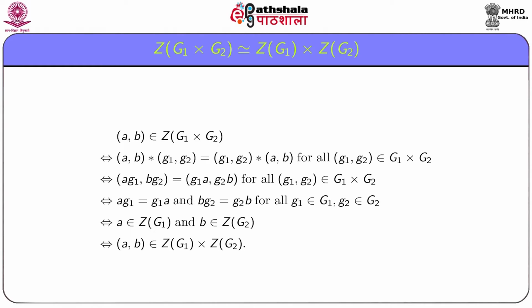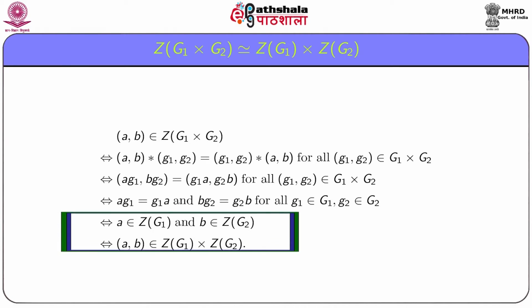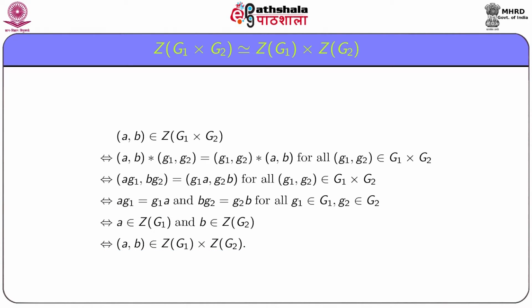This is equivalent to a g1 equal to g1 a and b g2 equal to g2 b for all g1 in G1 and every element g2 in the group G2, which is equivalent to a belongs to Z(G1) and b belongs to Z(G2). That is, the pair (a, b) is in Z(G1) cross Z(G2). Thus, we have the result.